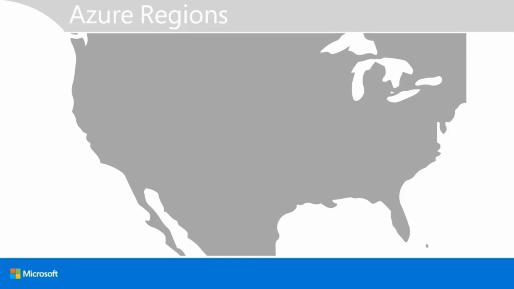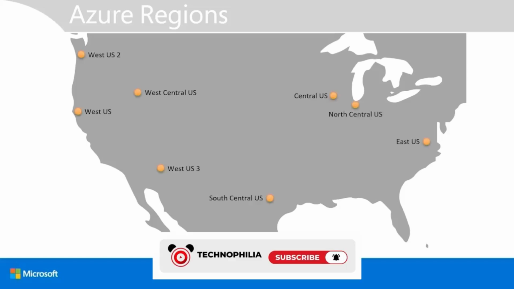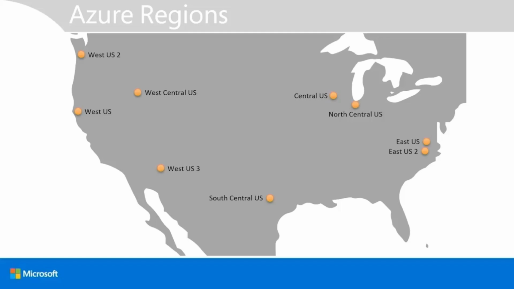Here are some of the regions within the United States geography, and that's a lot of regions, and they're spread out as you can see over wide geographic distances for a reason, and we'll look at why they've spread them out this way a little bit later. But I wanted you to see that there are a lot of regions spread out across the world. These are just some of the regions in the United States. There are many more in the United States and in other geographies all across the world.